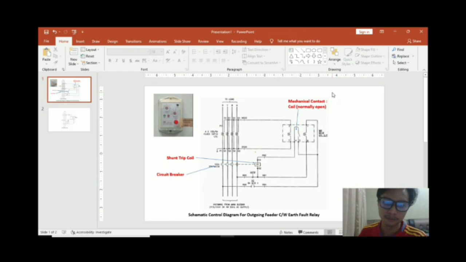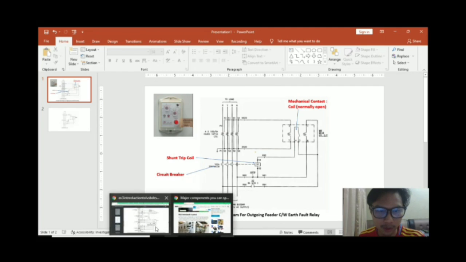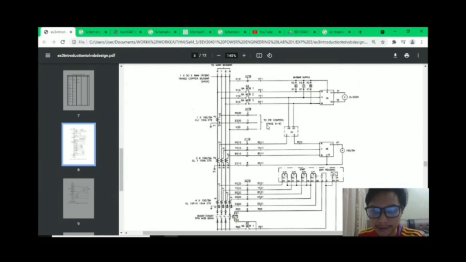Assalamualaikum. I'm going to explain the schematic control diagram for the outgoing feeder for relay EFR. This circuit is already simplified from the main. From the main, we know there is the PR control, power traction relay, rotation relay.